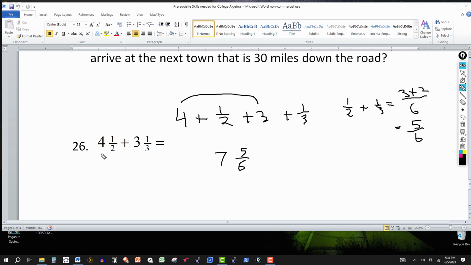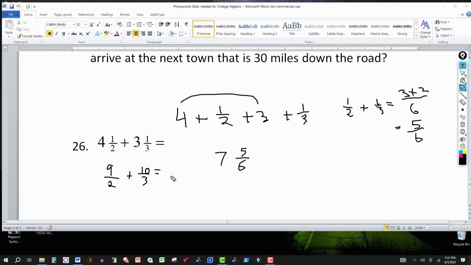Now another way to do it: instead of a mixed number, rewrite it as an improper fraction. 2 times 4 is 8, and 1 is 9/2. And the same thing here, 3 times 3 is 9, and 1 is 10/3. Then I could do the same sort of thing, either way you want to do it.